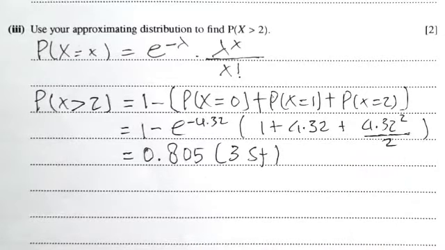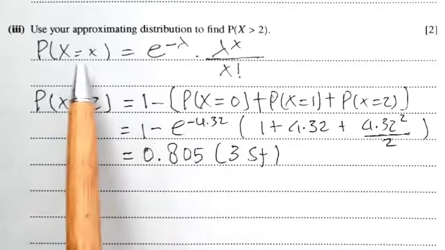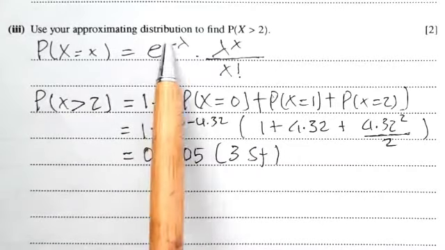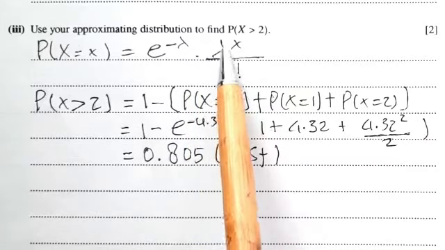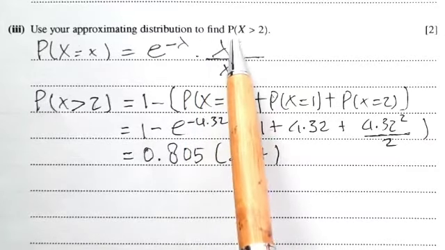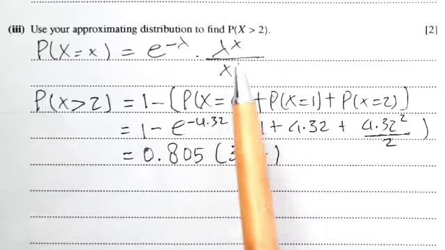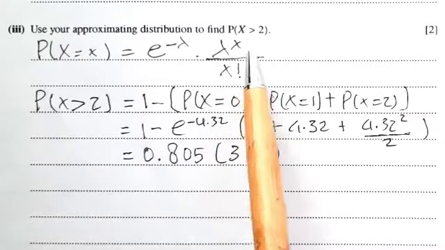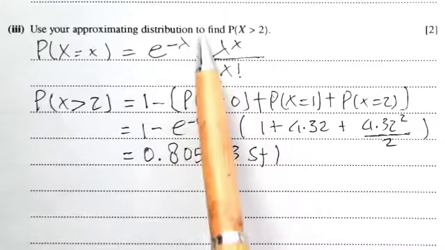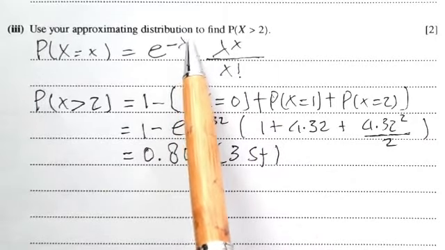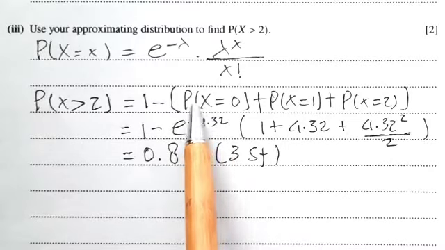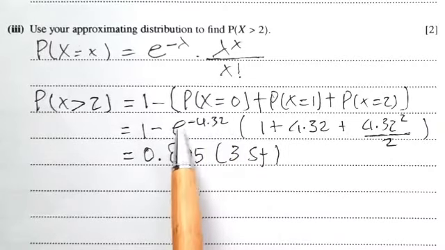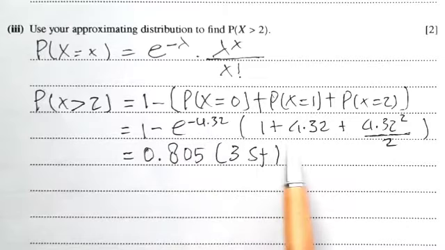Now, when X is 0, the probability of X equals 0 is e to the power minus 4.32 times 4.32 to the power 0 divided by 0 factorial. That is 1, so what is left over is e to the power minus 4.32.